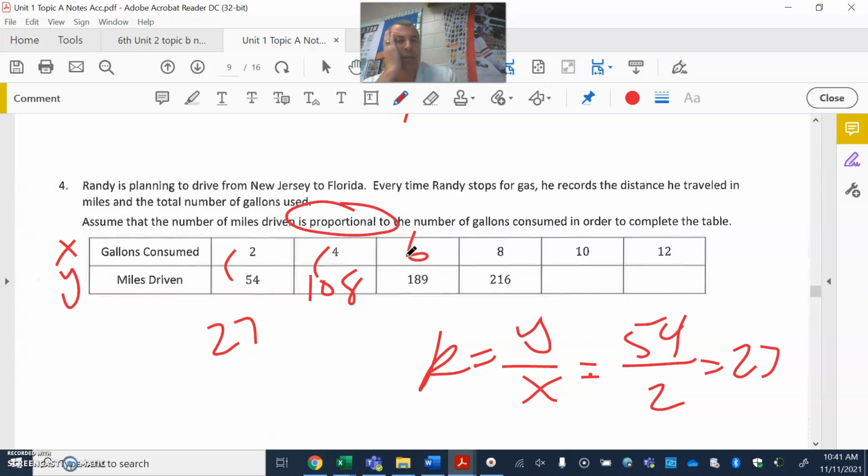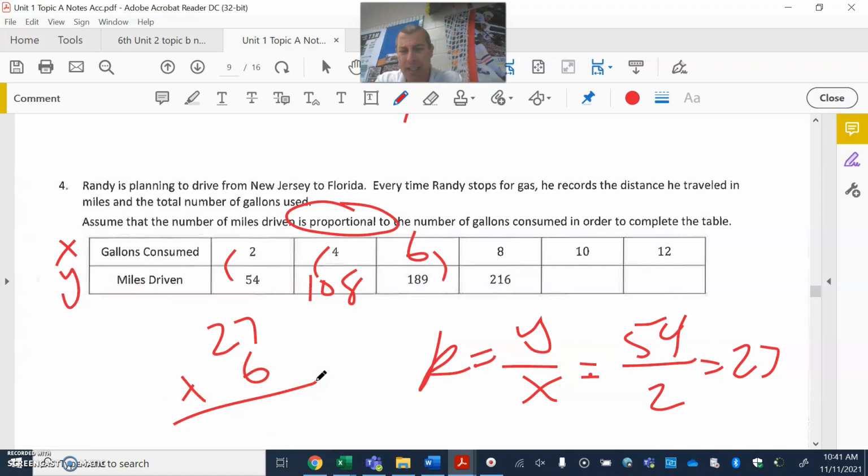Wait a second. It looks like that pattern holds, but if I do 6 times 27, do I get 189? No. So this is where we can't just fall in love with that particular pattern.